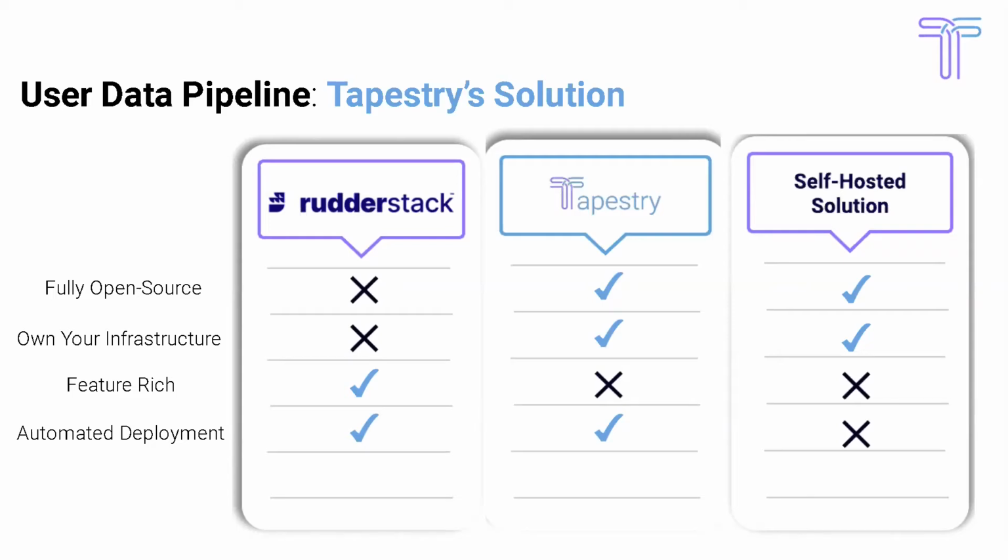Tapestry is a completely open source framework that automates the entire pipeline deployment process. We do not, however, have very many out-of-the-box features. So if you are thinking about rolling your own self-hosted solution, but wanted to simplify the deployment process, we might be able to help.